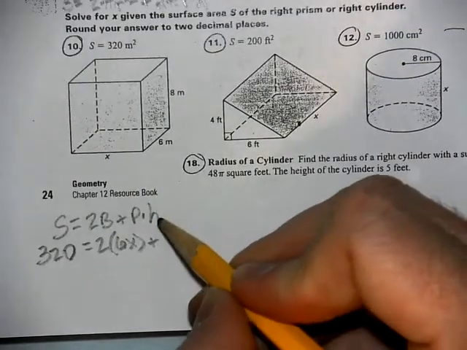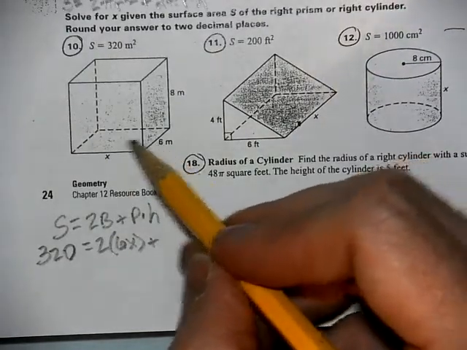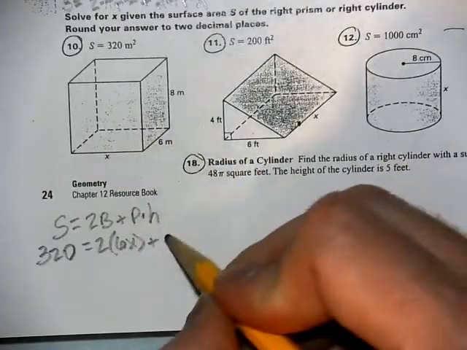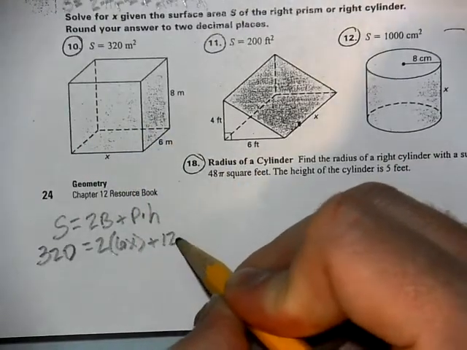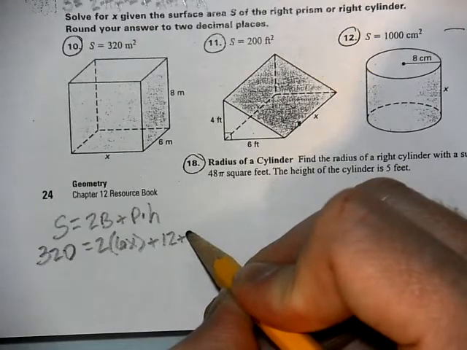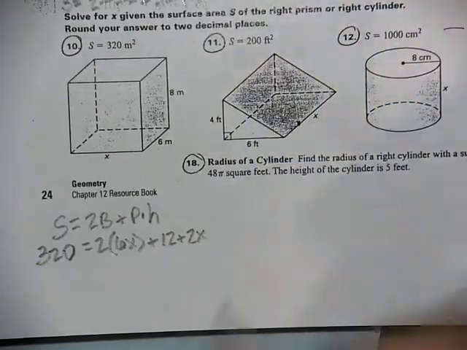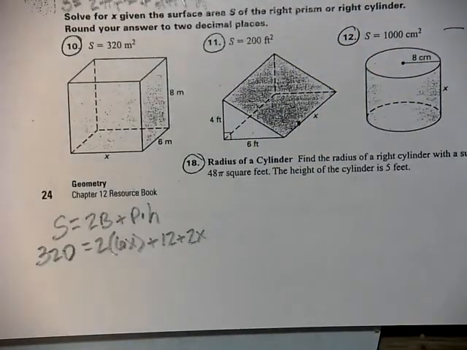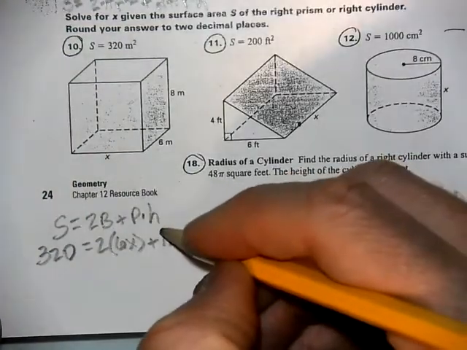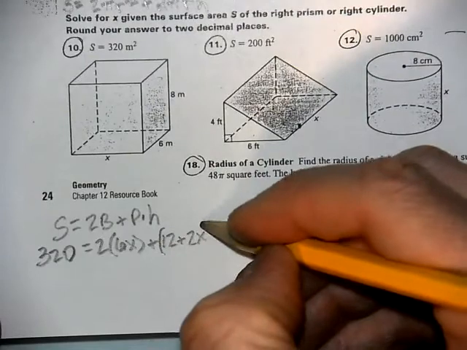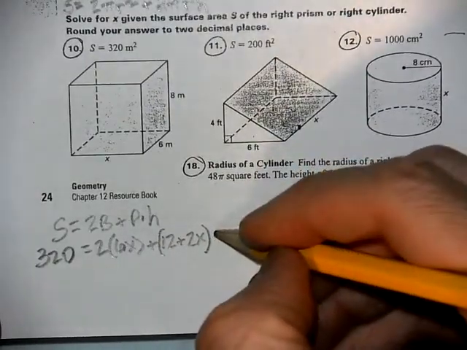So that's 12 plus 2x, that is our perimeter there times the height.